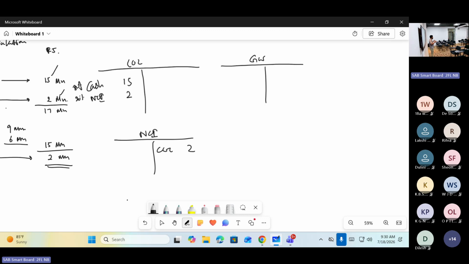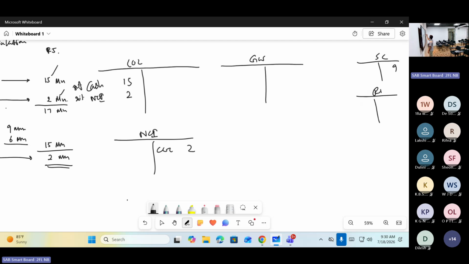What are these accounts? These are equity accounts. So by nature, are these debit accounts or credit accounts? Credit accounts. Stated capital and retained earnings are credit accounts. In the subsidiary, stated capital is 9 million credit.